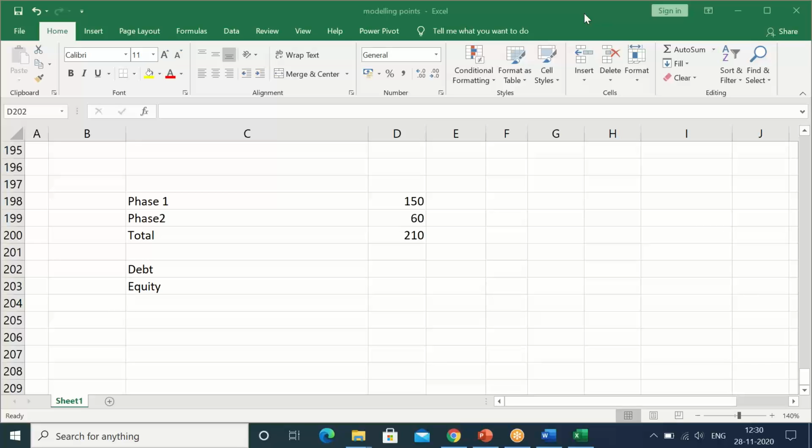Then always, if I have to take a loan, my loan should be equivalent to equity.